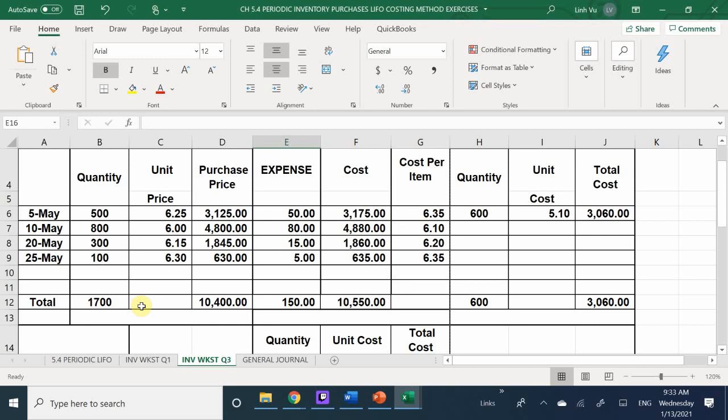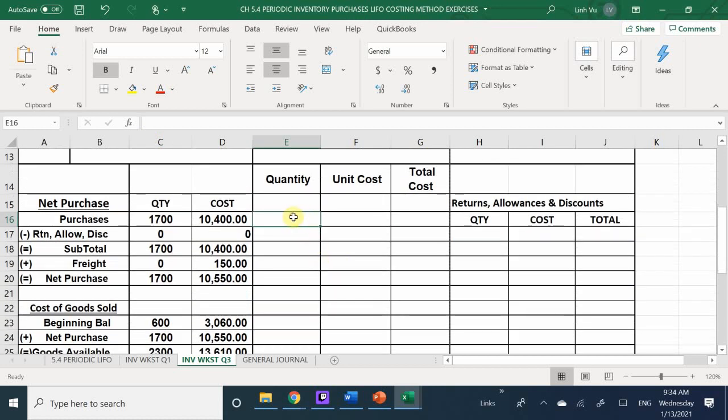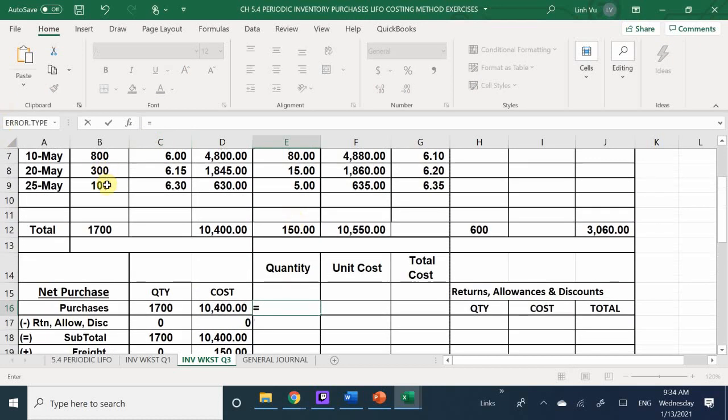May 25th. Yes, we don't ever touch beginning inventory because you just pretend the beginning inventory is essentially the very first batch that you have. So in this case, our last batch that we purchased was for that 100 items at $6.35 each.